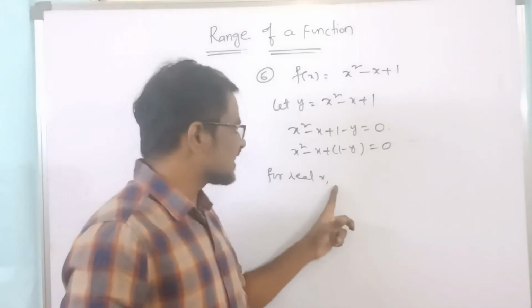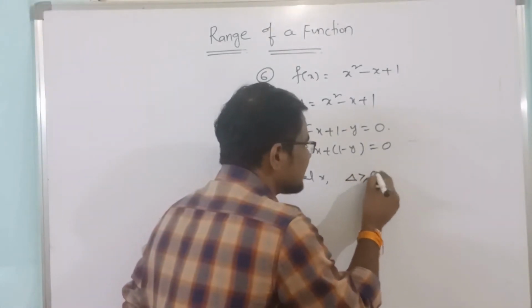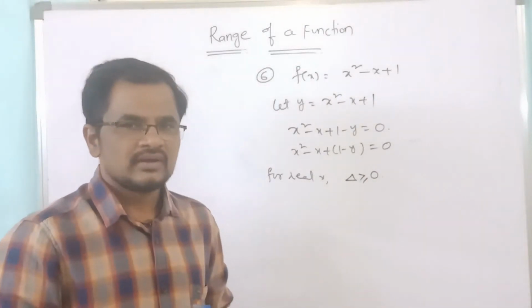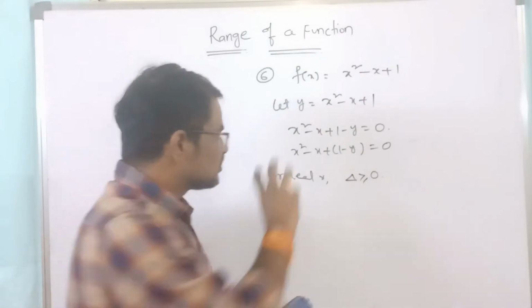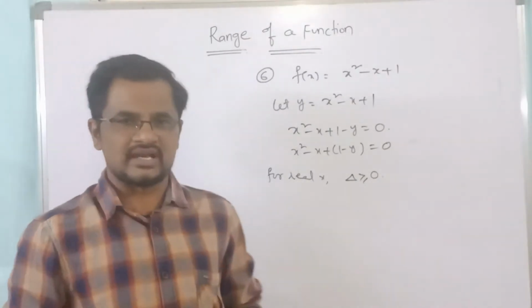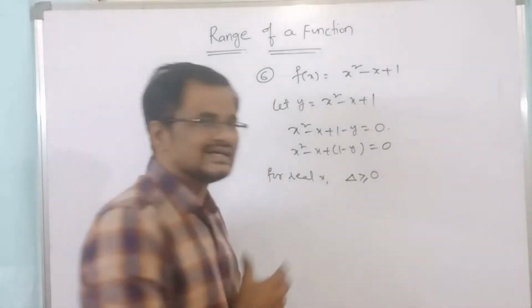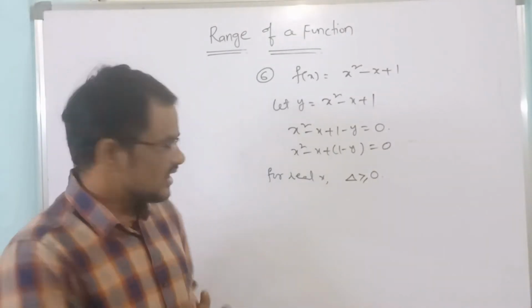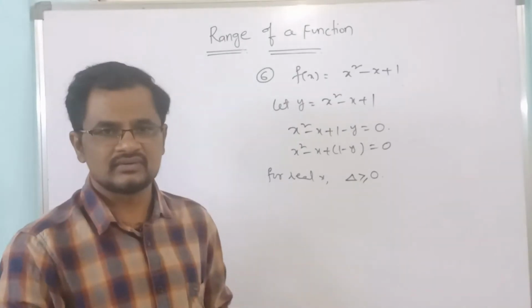So for real x, definitely discriminant greater than or equal to 0. Because when the function exists, then only we can find the y values. That means x belongs to what? A real number. Right? If x is real, then we find the y values.